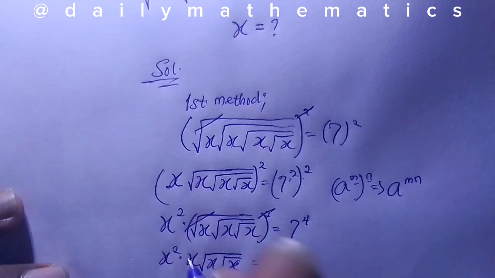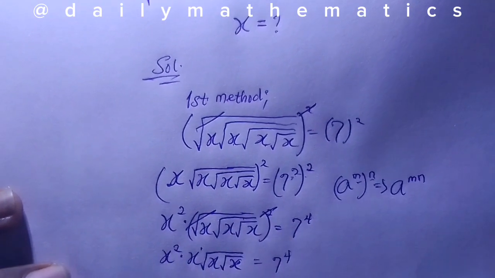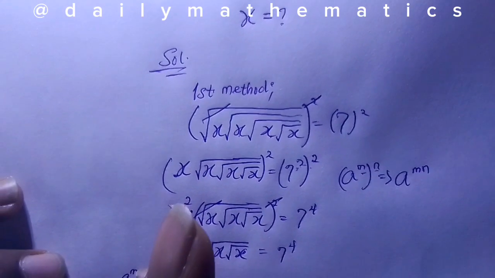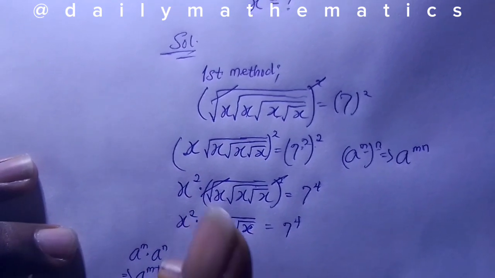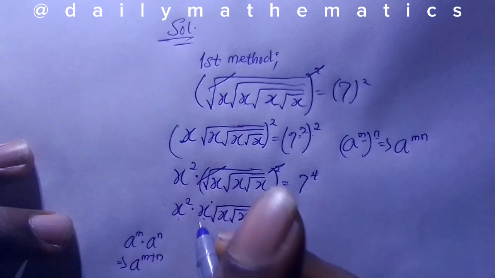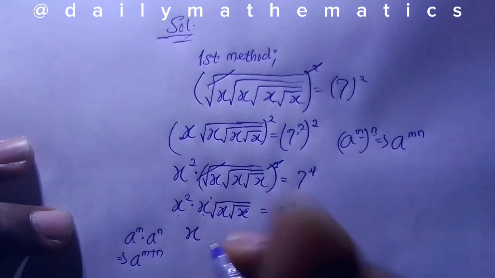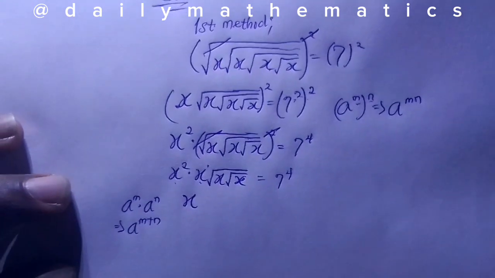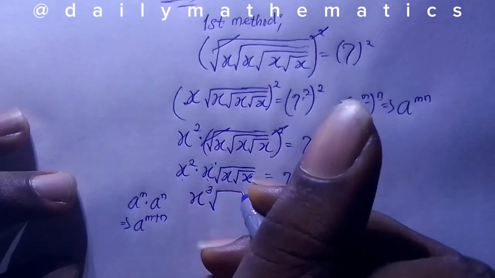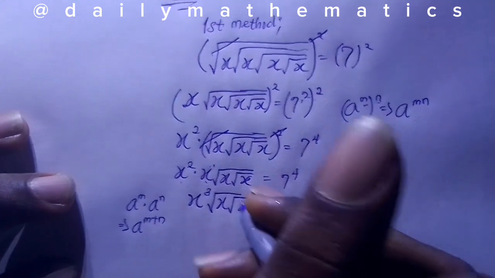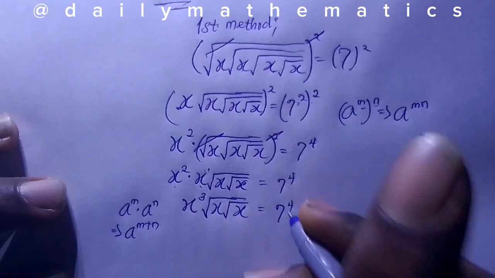Now, this is raised to the power of 1. When we have a raised to the power of m times a raised to the power of n, it gives us a raised to the power of m plus n. So the bases are equal, and we have x raised to the power of 2 plus 1, which is 3, root x equals 7 raised to the power of 4.